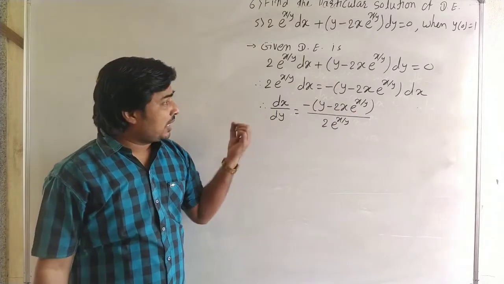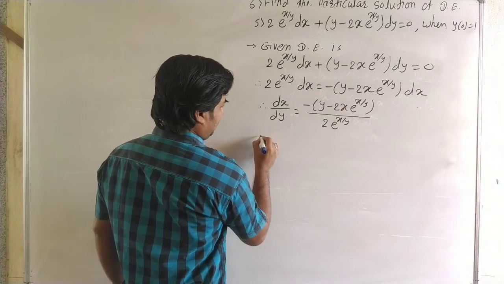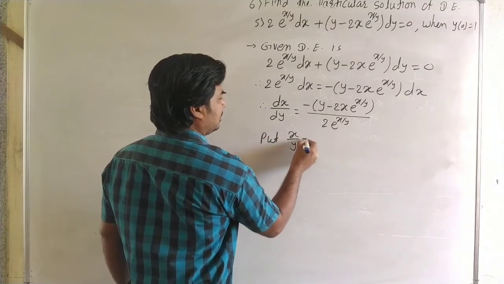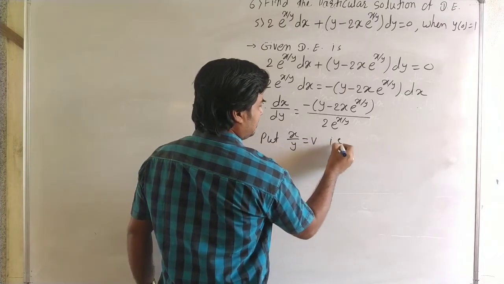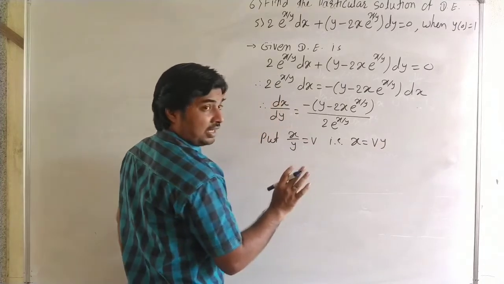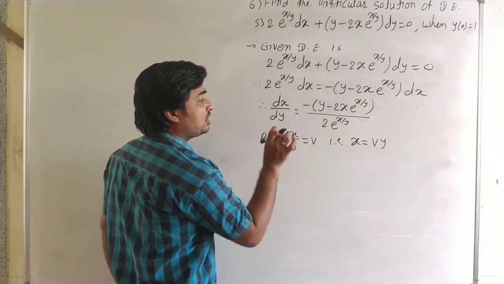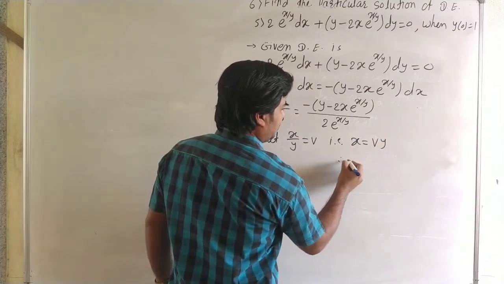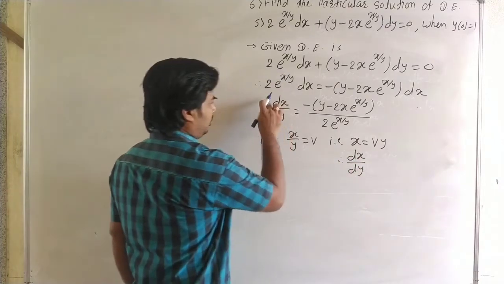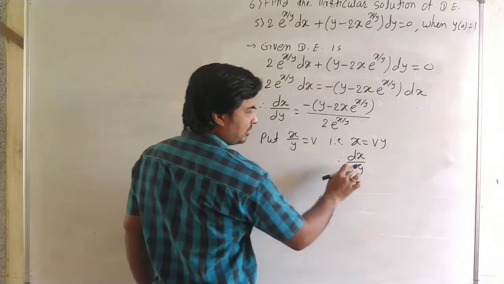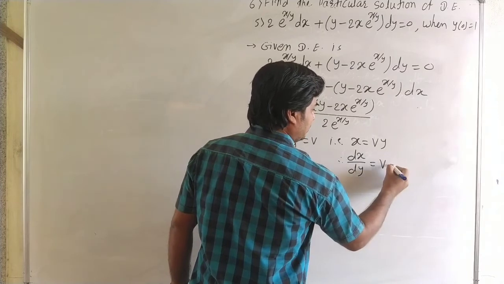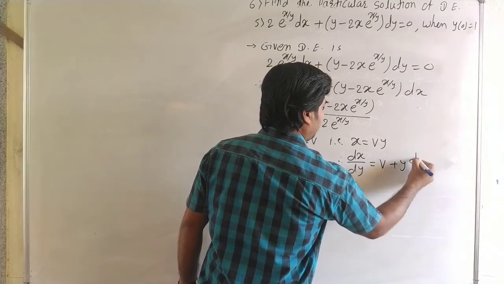We put x by y is equal to v, that is x is equal to v y. Here we differentiate with respect to y, therefore we get dx by dy is equal to v into derivative of y with respect to y, which is 1, plus y into derivative of v with respect to y.